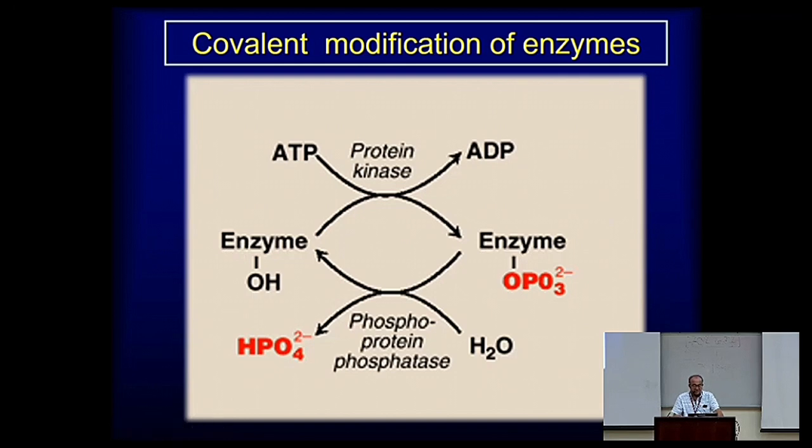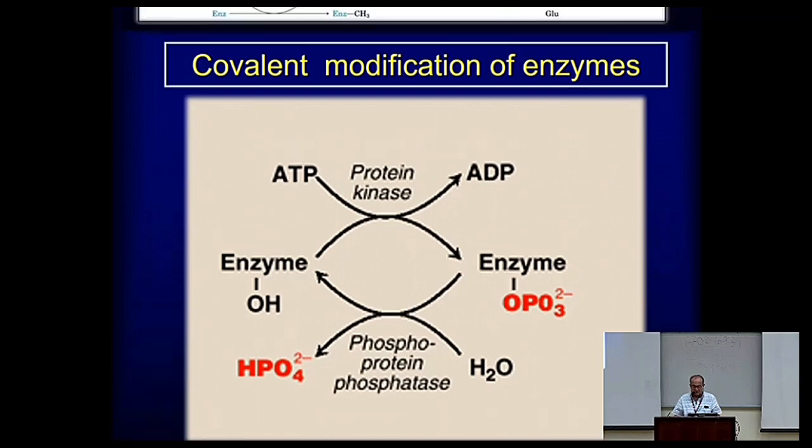Okay? Similarly, you can remove that phosphate by a phosphoprotein phosphatase, bringing the enzyme back to the original form. So you will find out that there are many different types of enzymes that get activated or inhibited that way. So this is why this is an important thing to understand. Okay.